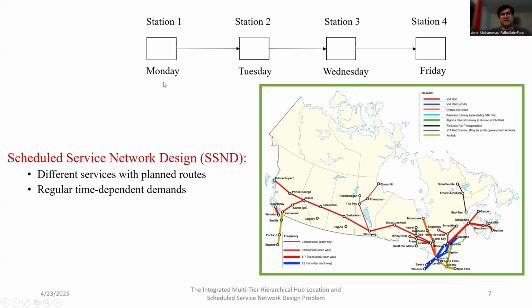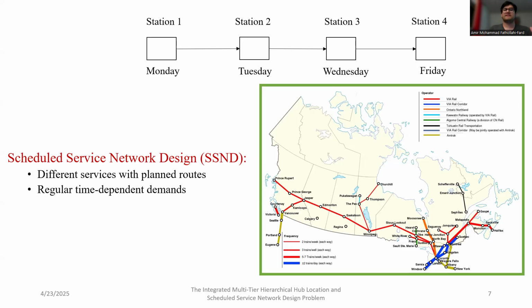And for this type of network, as we can see, there are different nodes and a set of conceptual connections which can be defined as arcs for the connection of these nodes as a network, and these services provide the transportation or the movement from these nodes based on planned routes.